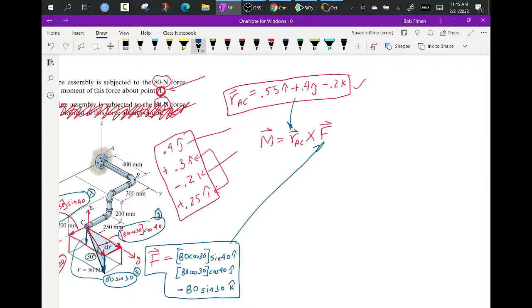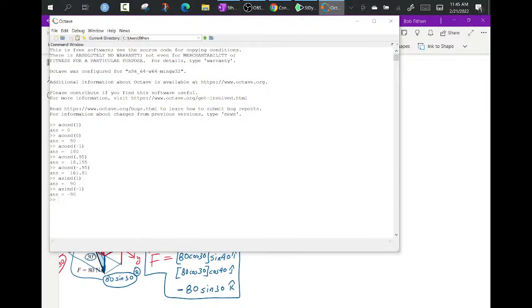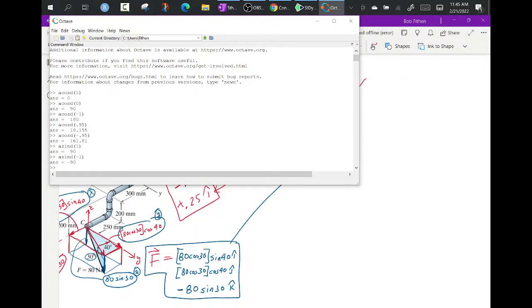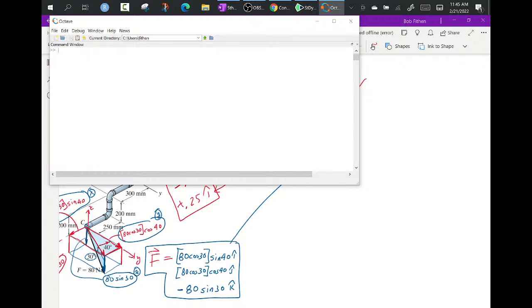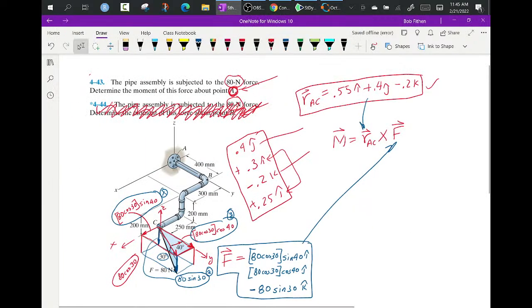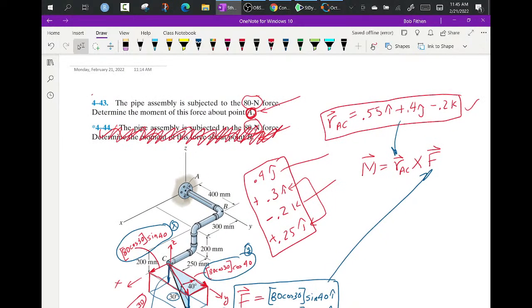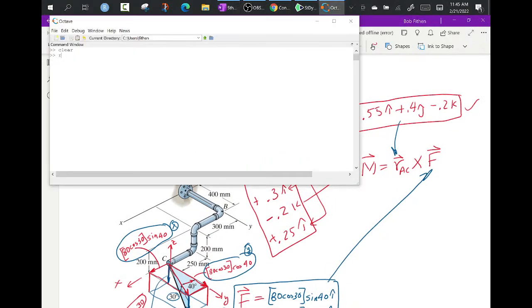Now, one of the things I love about Octave, MATLAB, whatever you want to call it, is it's well suited to solving problems like this. I'll show you why. I'm going to do a clear again. So R will be the first one I type in. What did I call it?